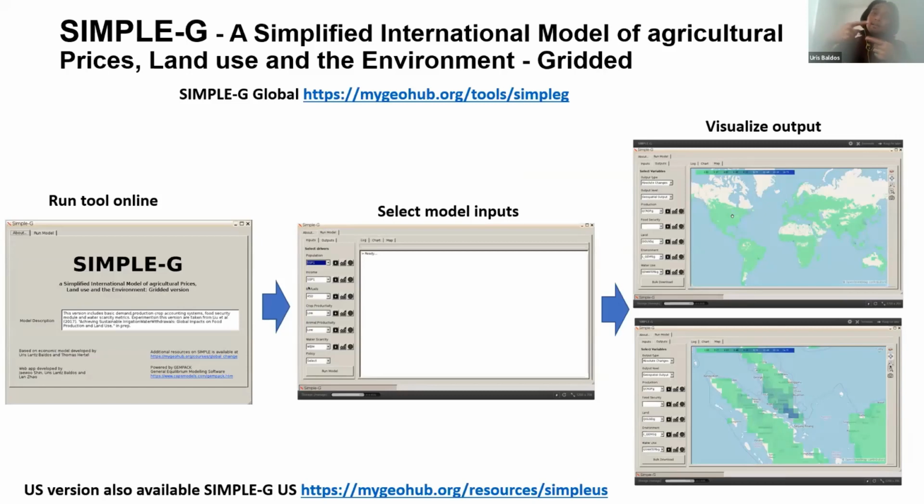It automatically runs the whole model from a server. And once the model has run, you can go to the output section and visualize your outputs. So as you can see here, you have this change in global crop production by grid. And the cool thing is you can zoom in and zoom out. That's great for teaching and showing how these global forces affect crop production in a particular locality.